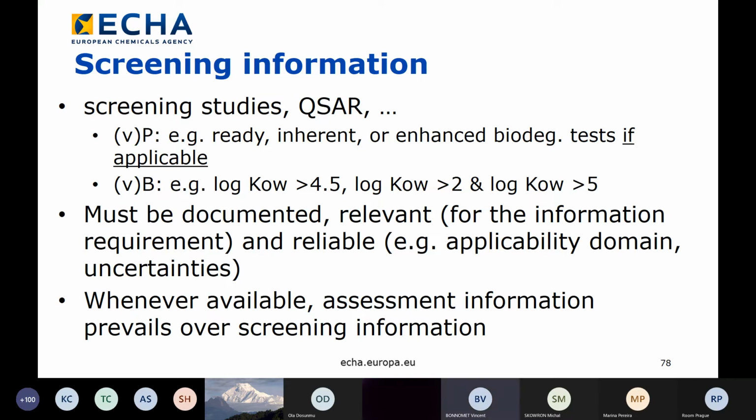And the last point is, Annex XIII allows you to use screening information, but if you have in parallel assessment information, meaning higher tier studies, this information will always prevail over screening information.